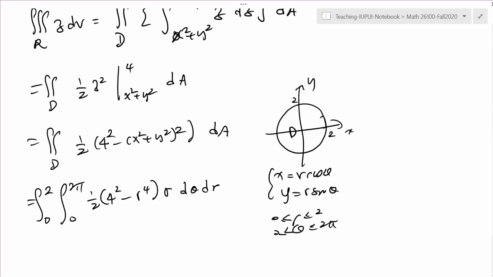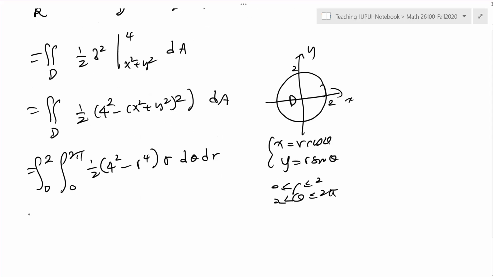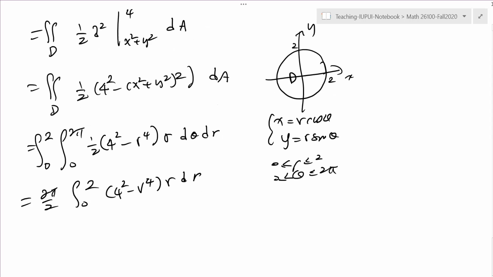So you end up with the same integral at the end. It's going to be, inside, 2 pi over 2. Okay, so I stop here.